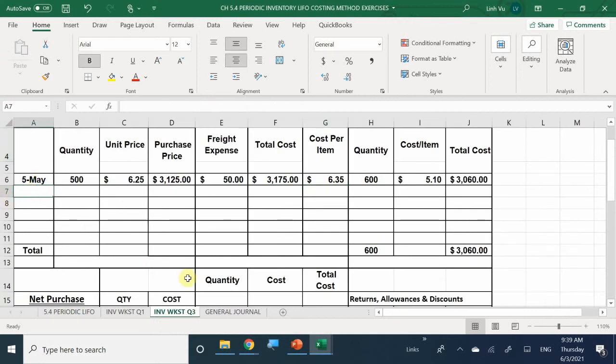So May 10, you purchase 800 items at $6, and the freight was $80. Okay. So here, what is my total purchase price? 4,800.